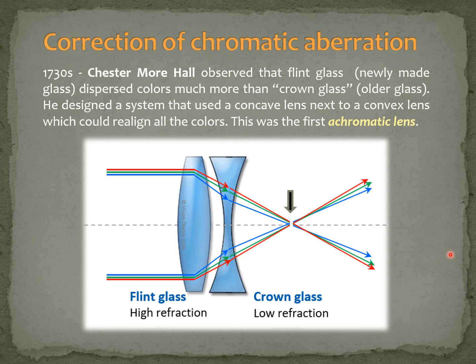So he tried it out to make different lenses, and he designed a system that uses a concave lens and a convex lens close to each other in a way that we can focus the incident light, the incident rays, on a single spot, on the focus point. So this is a way to correct chromatic aberration.